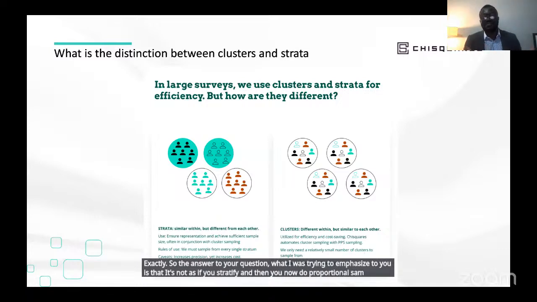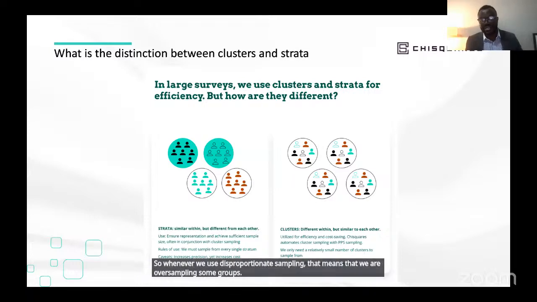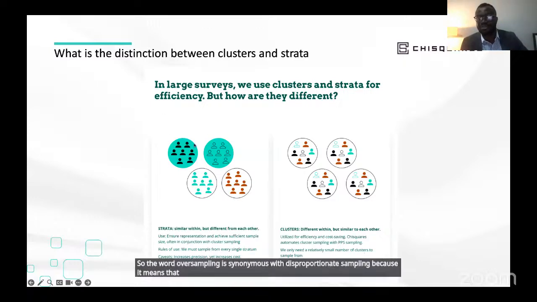No, proportional sampling or disproportionate sampling is just telling us whether the way we created the strata is proportional to the actual distribution in the population, right? Whenever we use disproportionate sampling, that means that we are oversampling some groups. So the word oversampling is synonymous with disproportionate sampling, because it means that we have captured more of those people in our strata than they actually exist in the population.